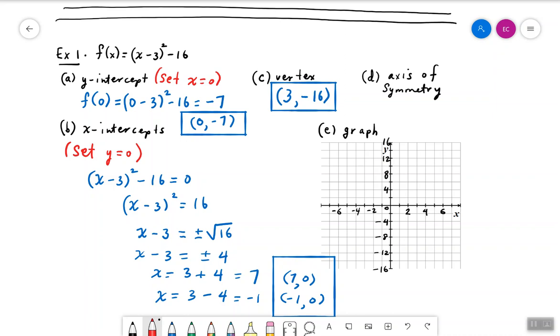The axis of symmetry is the vertical line through the vertex. And so a vertical line through 3, negative 16. Remember, if we want to write an equation of a vertical line, we start out with x equals, and then whatever the x value is. So x equals 3.